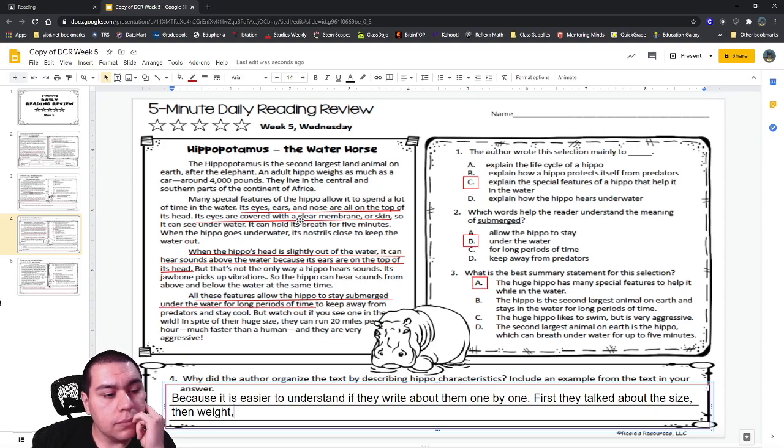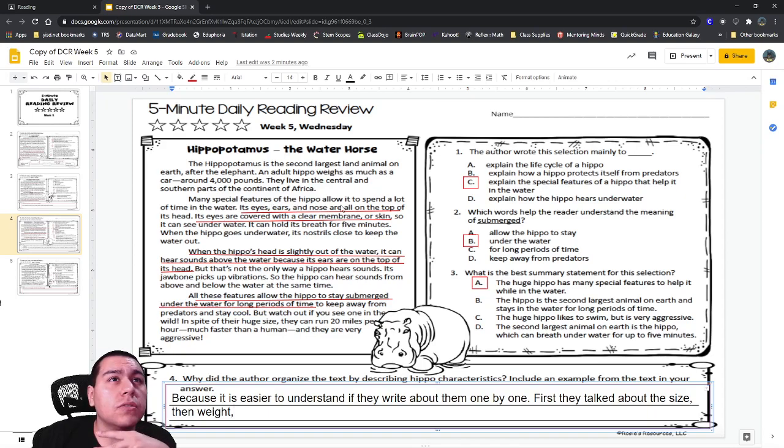Look at where I'm looking. The hippopotamus is the second largest land animal on Earth after the elephant. So here's the size. The adult hippo weighs as much as a car, around 4,000 pounds. There's the weight. The next feature is in our second paragraph.